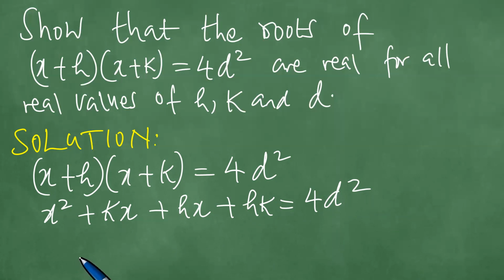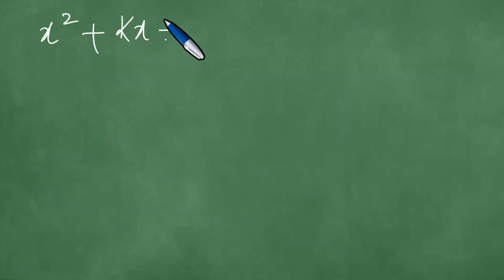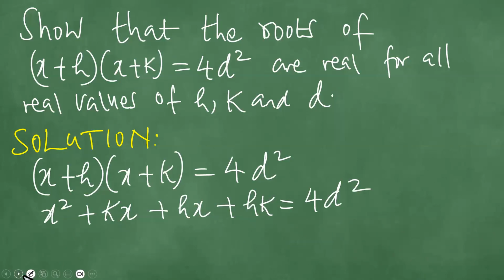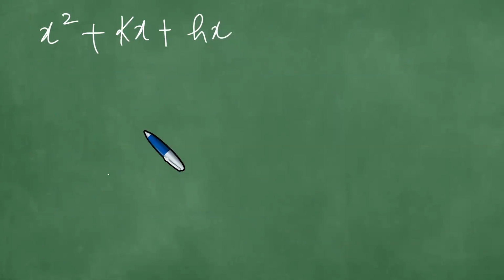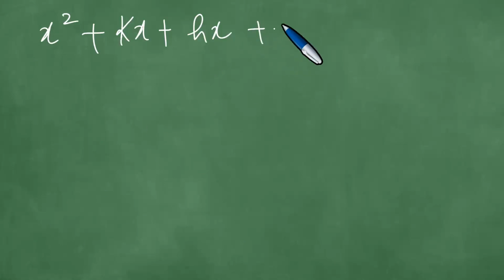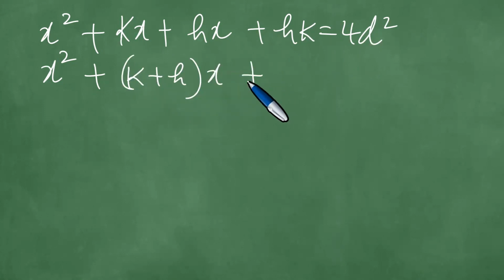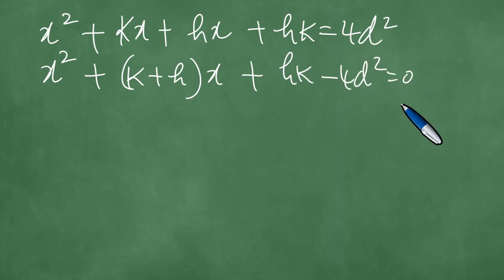Right. So we therefore have x squared plus kx plus hx plus hk equals 4d squared, which means x squared plus, these ones are like terms, so it is k plus h x plus hk minus 4d squared equals naught.